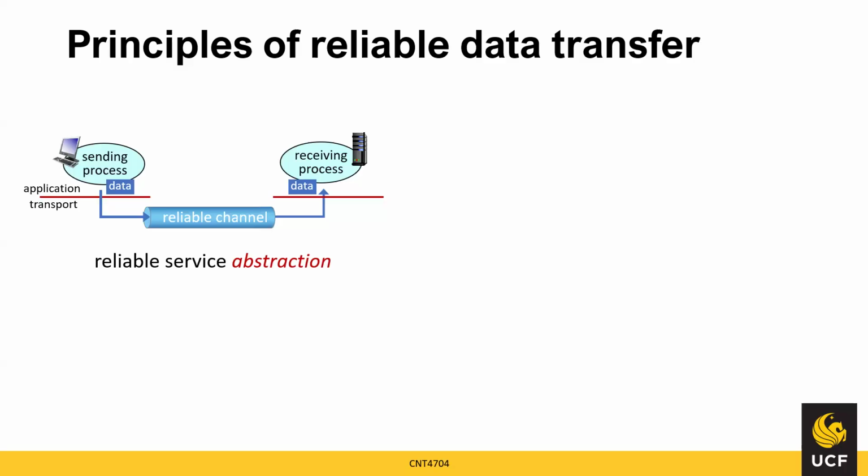For this moment, I want you to imagine we have a perfect reliable channel, so there are no losses, no errors, no reordering. This is an abstraction of what applications wish they had, so that the sender hands down the data and the receiver gets the same data in the right order. Also, one thing to notice in this specific model is that it is only one directional, so data flows from sender to receiver.